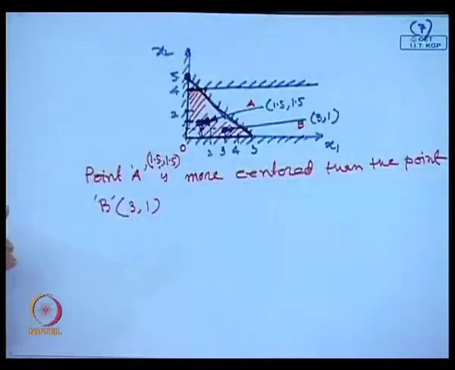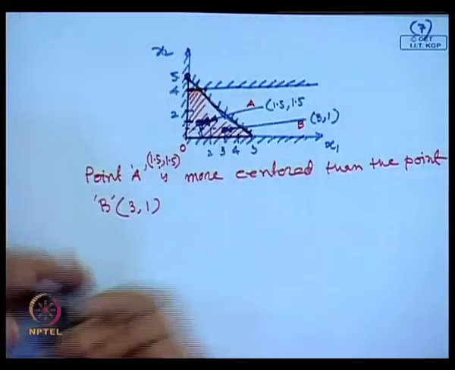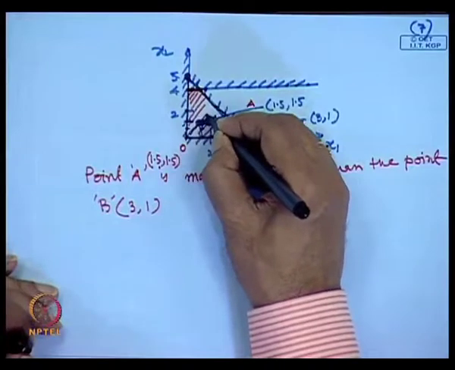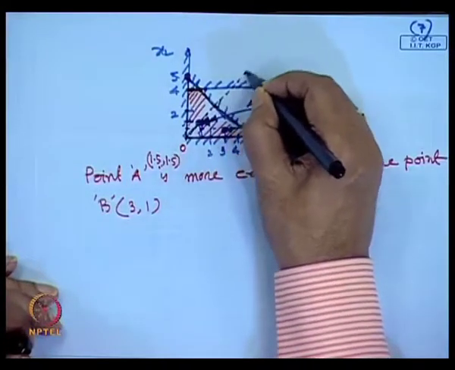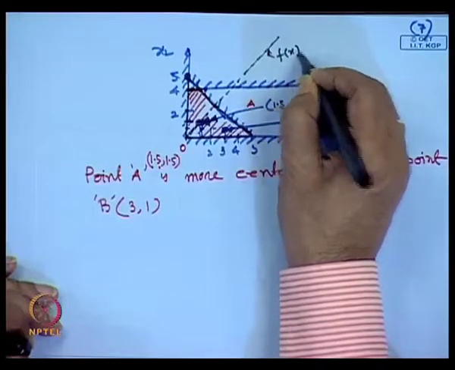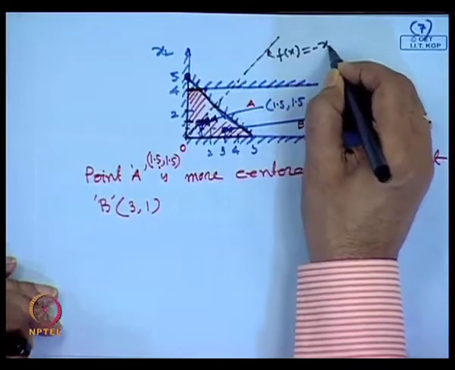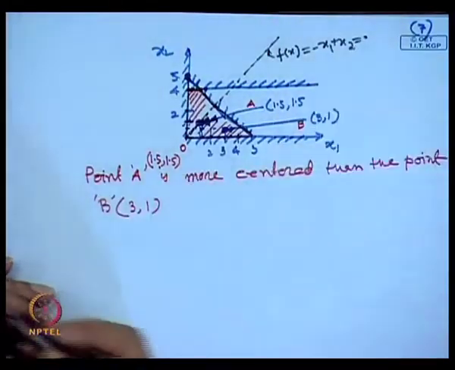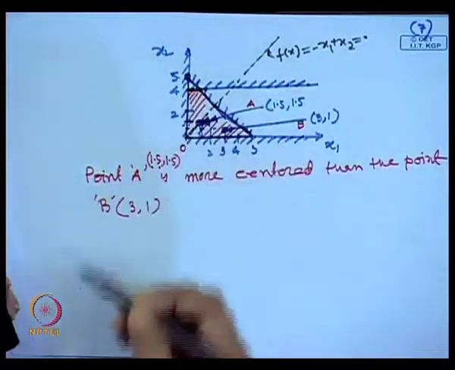That means our objective function line has a slope of 45 degrees, given by minus x1 plus x2 equal to 0, and it is passing through the origin.